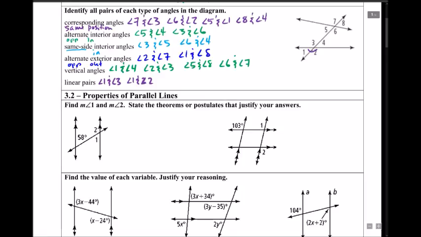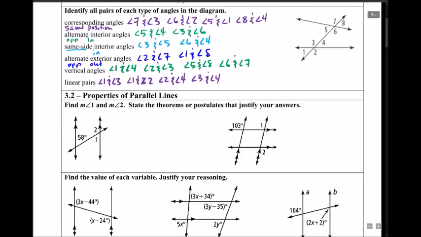All right. And then we see that angle 2 is also going to be linear with angle 4. So angle 2 and angle 4. And I'm sure you can see already that we're going to have up on the top angle 3 and angle 4. So those are all the linear pairs.